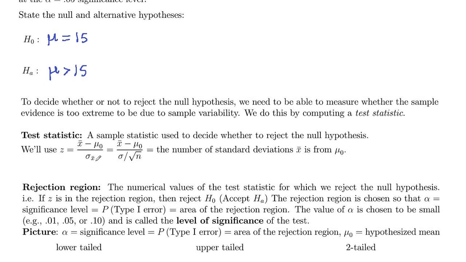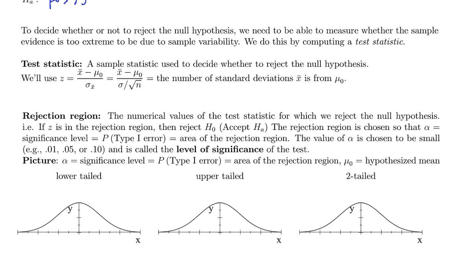That's where sampling distributions come into hypothesis testing, because that X-bar comes from the X-bar distribution. We want to know how extreme it is in relation to that distribution. So that's X-bar minus mu 0 over sigma divided by root n. That's the number of standard deviations X-bar is from that hypothesized mean.